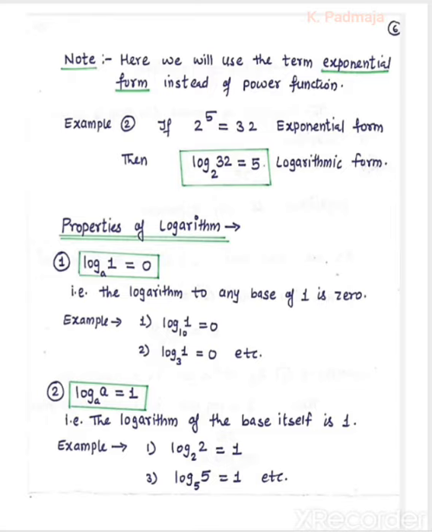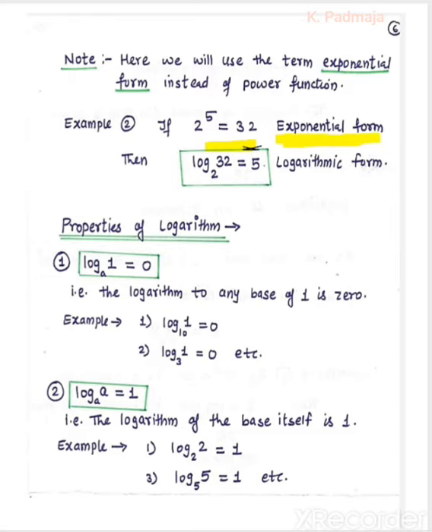Here we will use the term exponential form instead of power function. From now onwards we will use the exponential form rather than power function. Okay. So 2 raised to 5 equal to what? 2 raised to 5 equal to 32. So 2 raised to 5 equal to 32 is what?